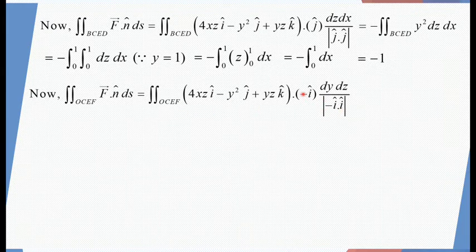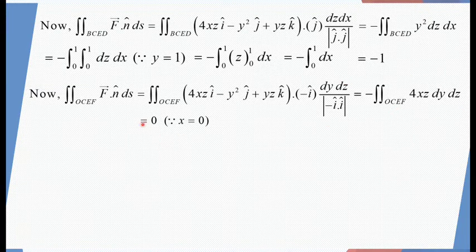So when we make the dot product, then it will be minus 4xz. So minus the double integral for OCEF 4xz dy dz. Now see, it is in the yz plane, so x is equal to 0 here, as you can see in the figure. So when x is equal to 0, then this entire function will be 0. So now it is the fifth value.